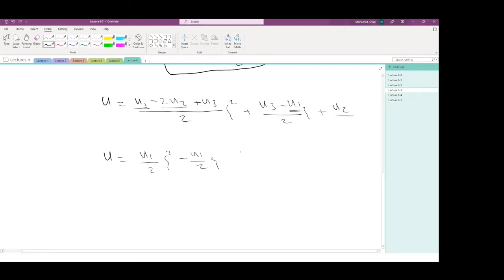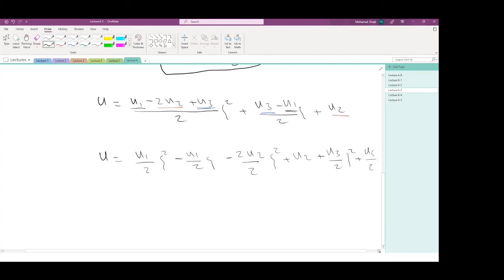So this will be minus 2 u2 divided by 2 multiplied by xi squared, added to u2. And then I have the last part, this is the u3 and the u3. So just writing them down is going to be plus u3 divided by 2 xi squared added to u3 divided by 2 multiplied by xi.